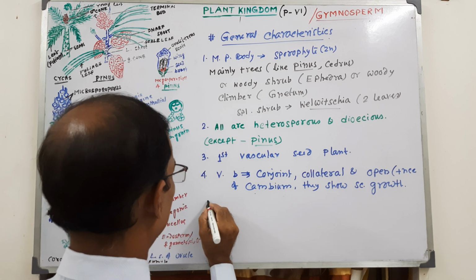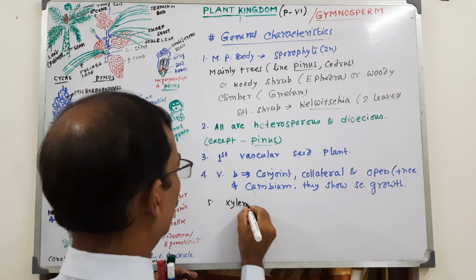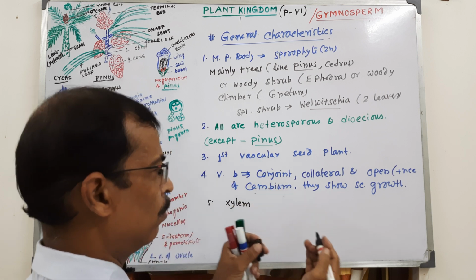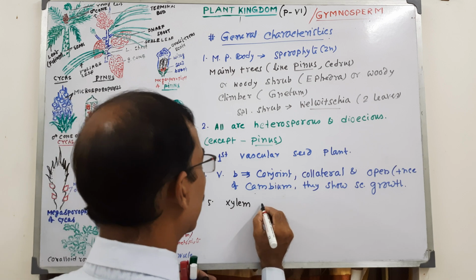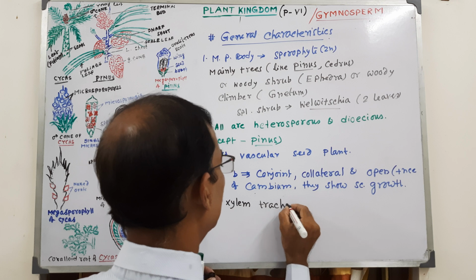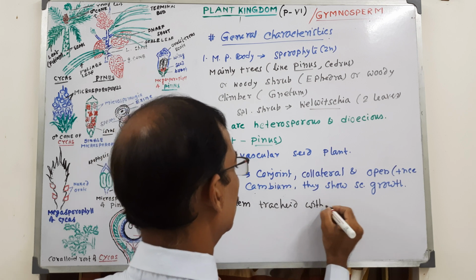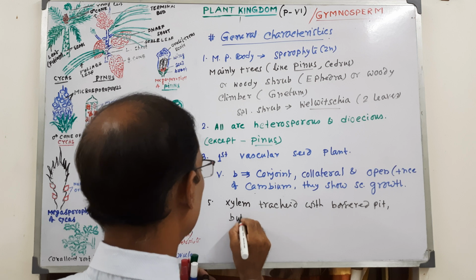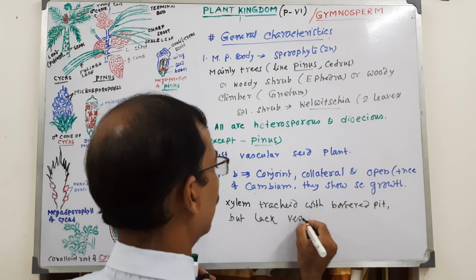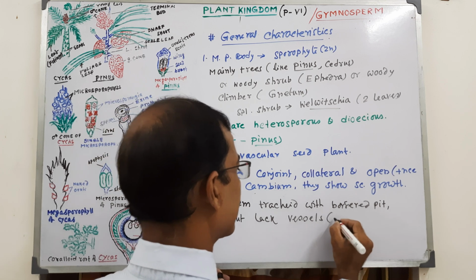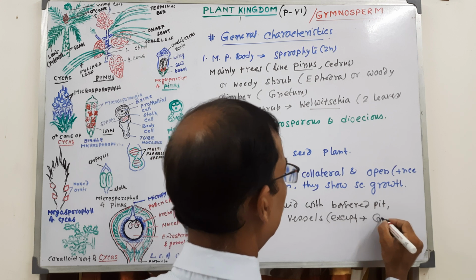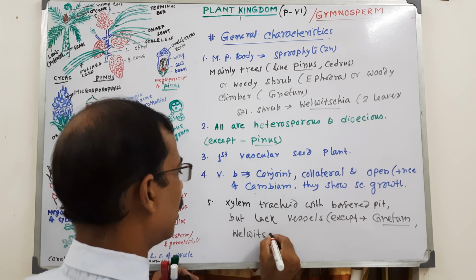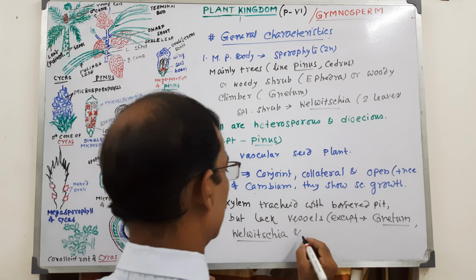Number 5, xylem. Though the xylem of Pteridophyte and Gymnosperm mostly possess tracheids, here the tracheid has bordered pits, but lacks vessels or trachea, except Gnetum, Welwitschia and Ephedra.